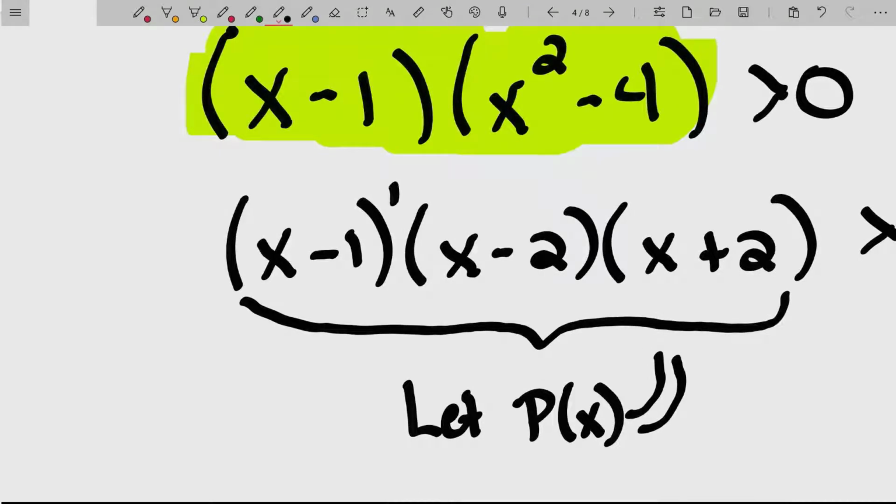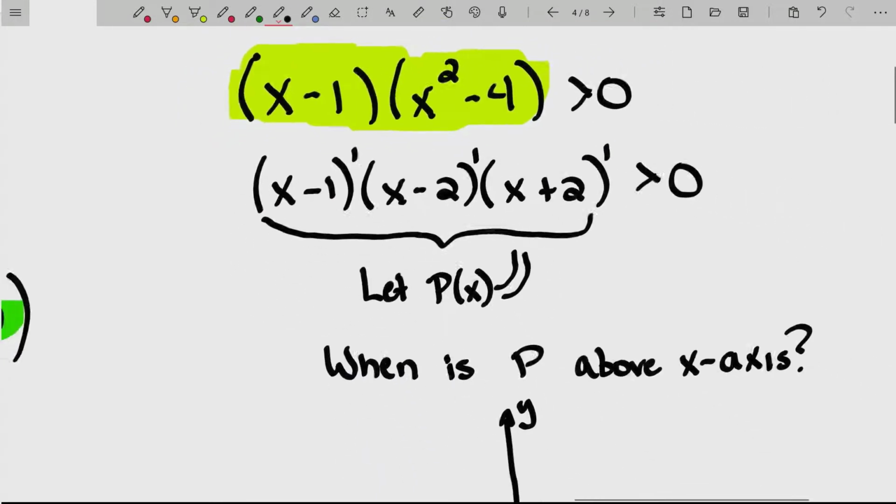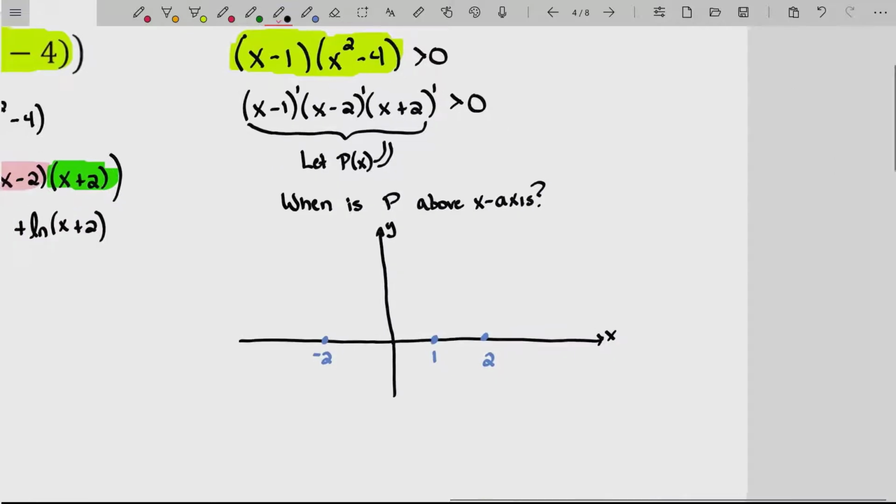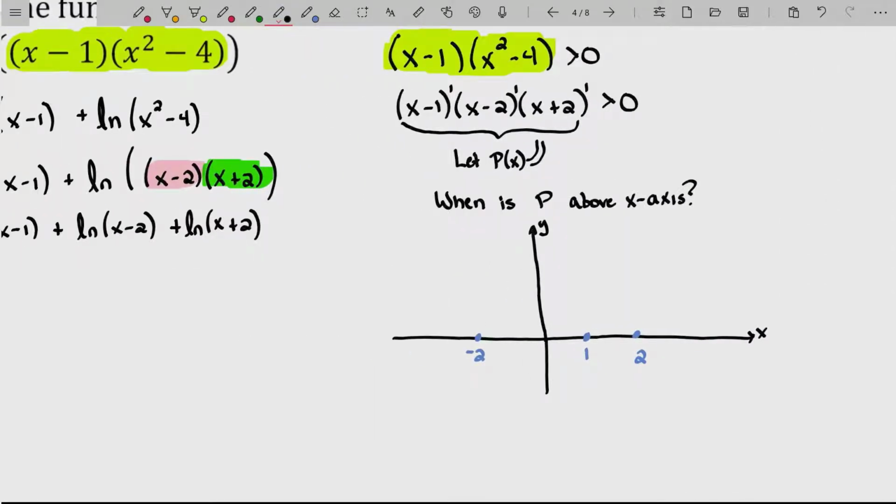This polynomial is a third degree polynomial, which means that it has the following end behavior. It looks like a cubic, so it starts low and goes high, just like a cubic would. So this is what this polynomial is going to do.